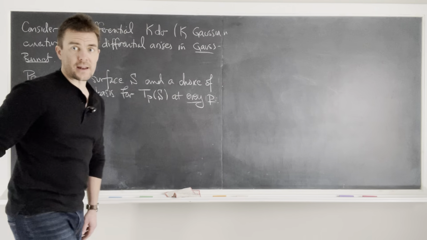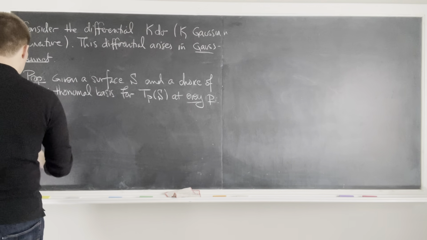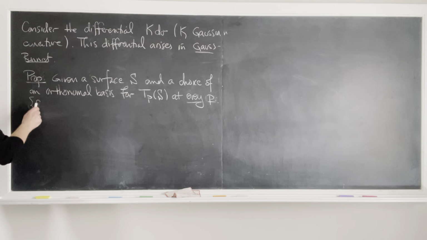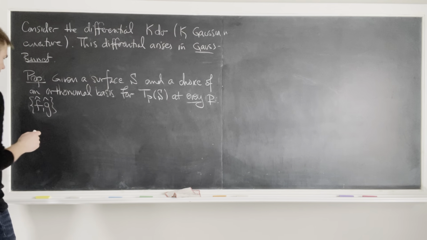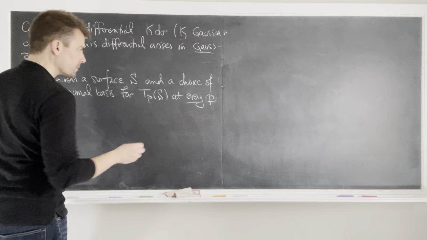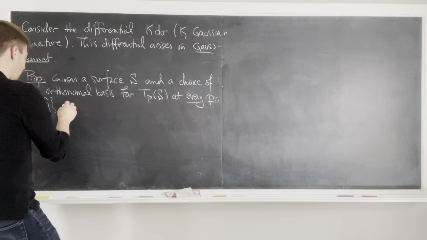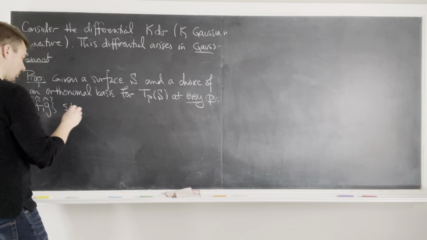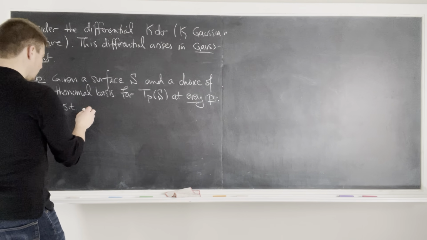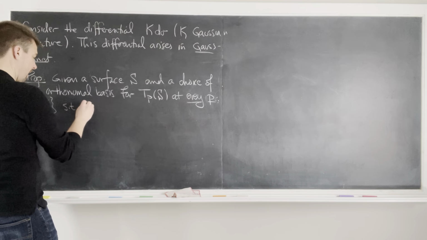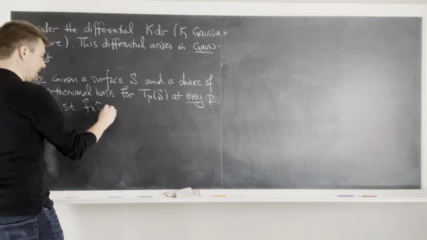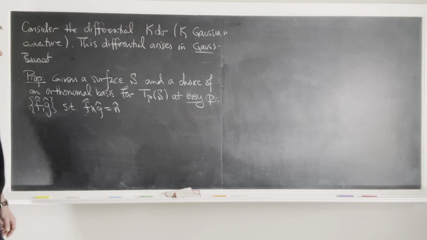Okay, it's essential that I need every point p over here. And so I'm going to say it like this: it's going to be f hat, g hat, that's my basis. Excellent. And oriented in such a way that f hat cross g hat is n hat, okay?